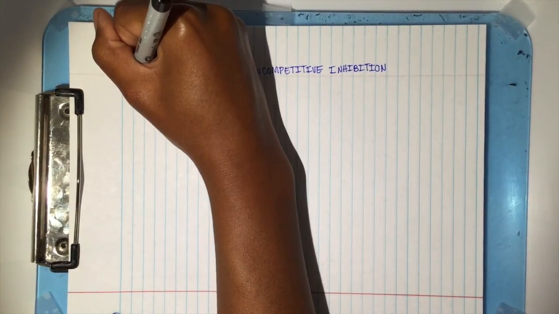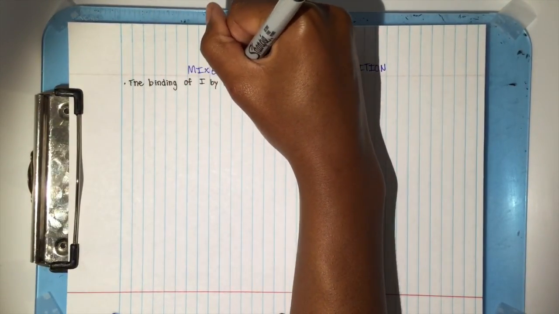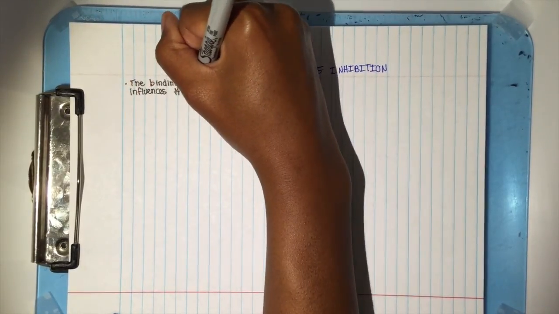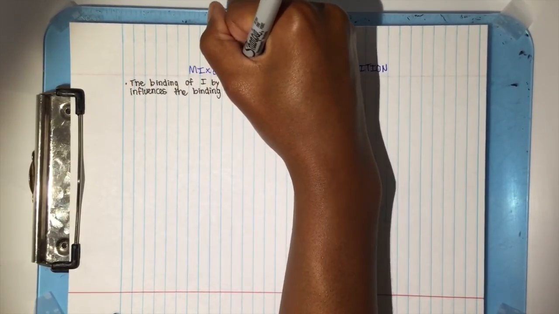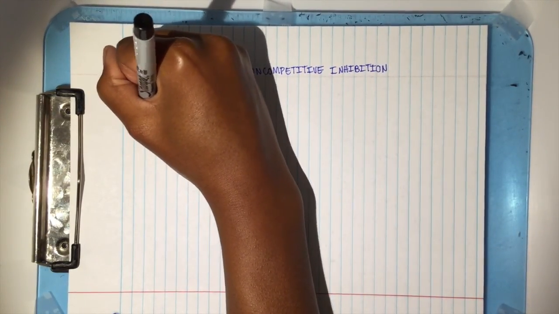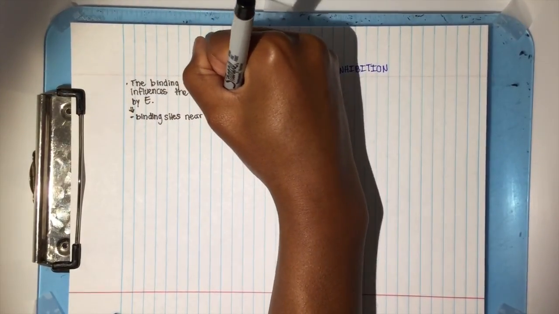The first is that the binding of the inhibitor by the enzyme influences the binding of the substrate by the enzyme. And so this is actually thought to be due to the binding sites of the inhibitor and substrate being different but still located near one another.